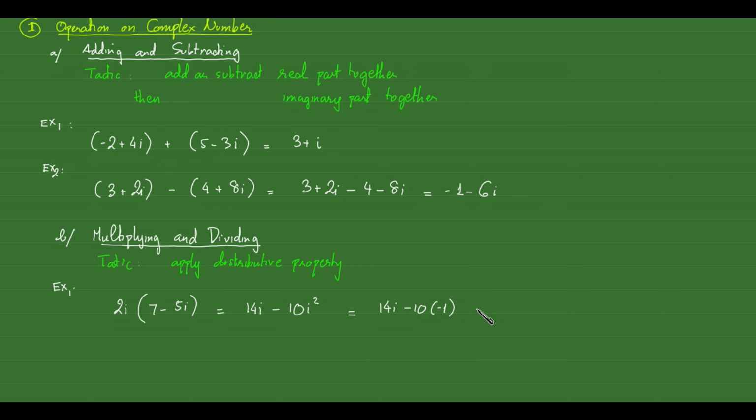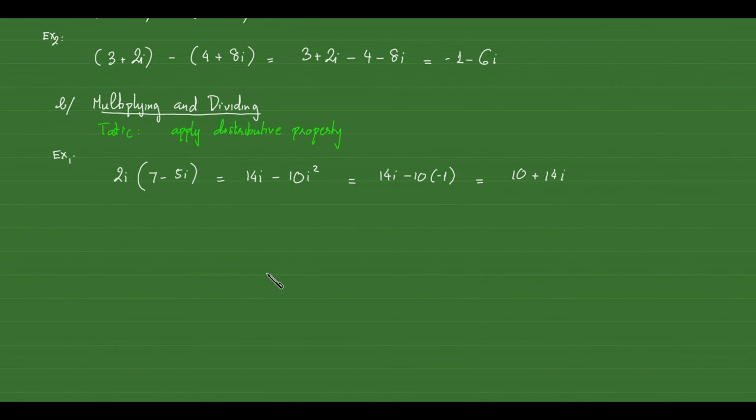Negative times negative gives 10, so it's 10 plus 14i, or 14i plus 10, which is the same thing. Basically you just need to apply the distributive property.